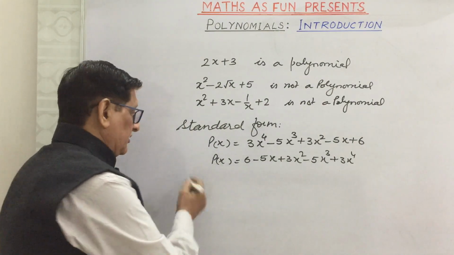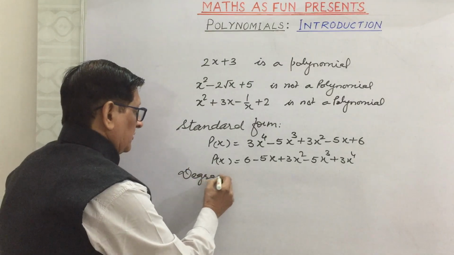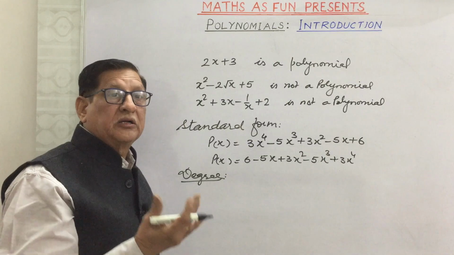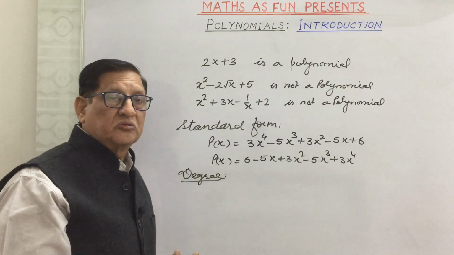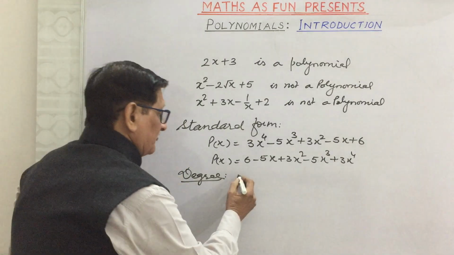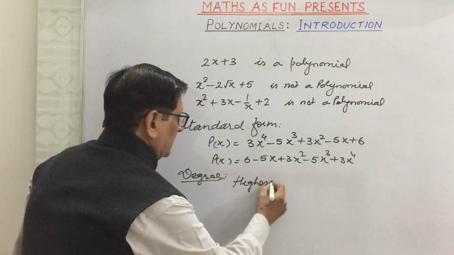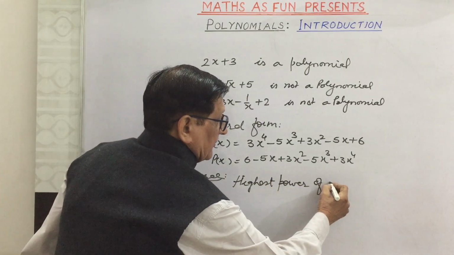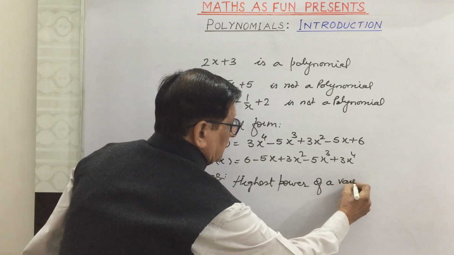What about the degree? The highest power of x contained in a polynomial is known as the degree. So we say highest power of the variable.